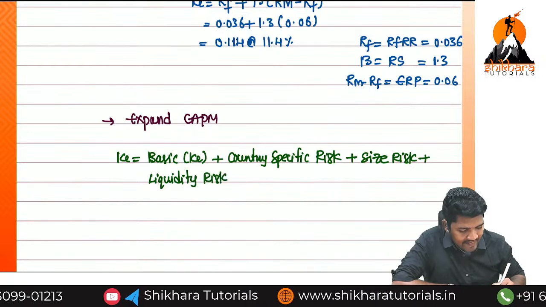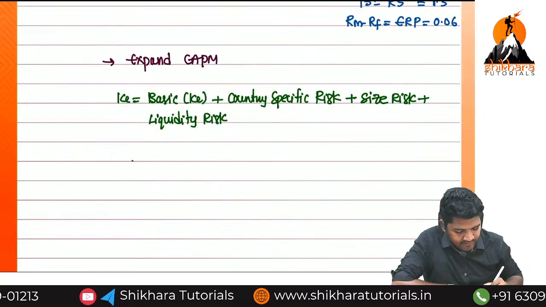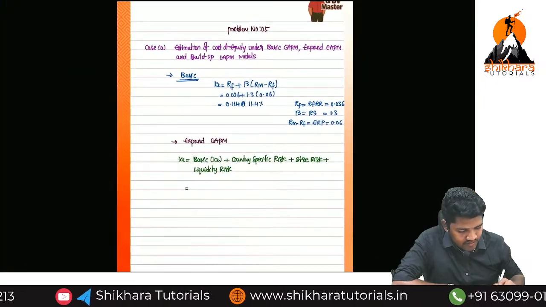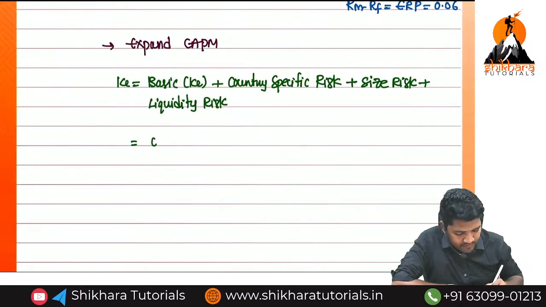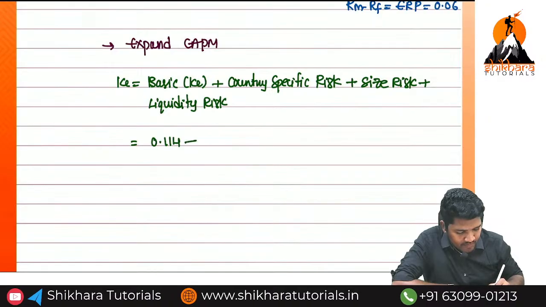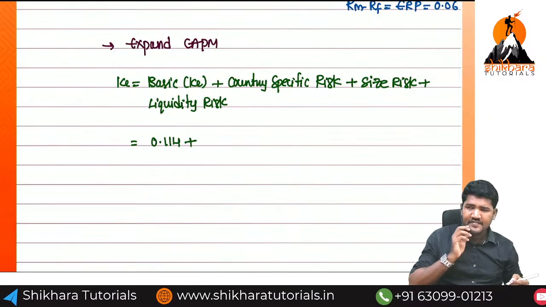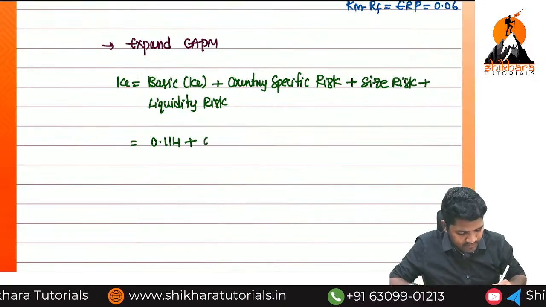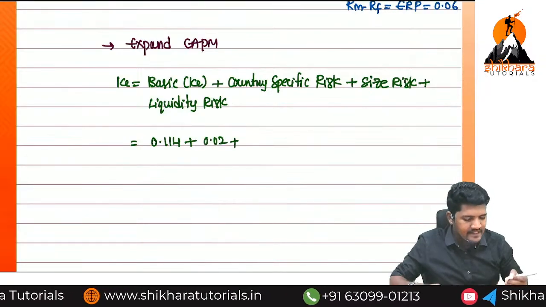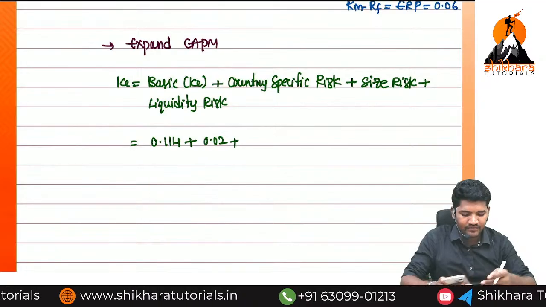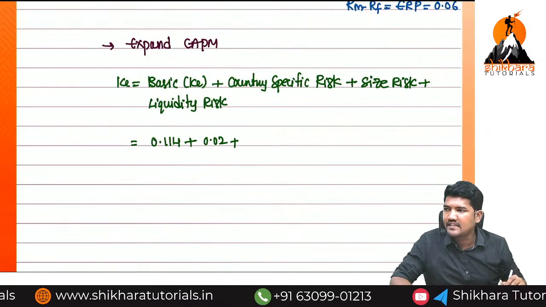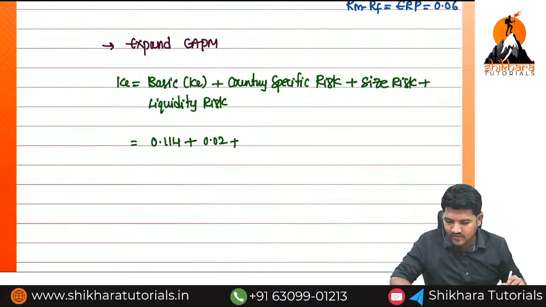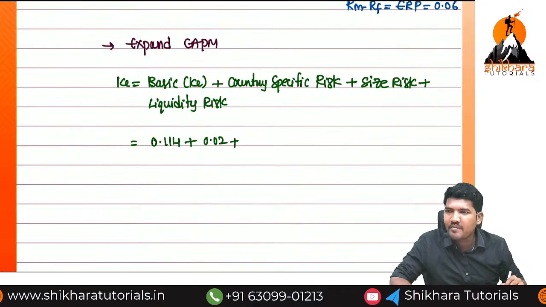Now, basic KE I already calculated. How much? 0.114, plus any country specific risk in the question? 0.02. Any size risk is there? Size risk. Yeah, small stock premium is nothing but size.